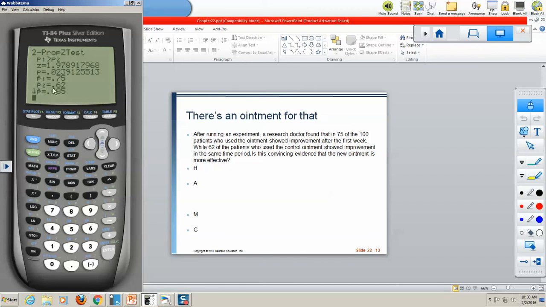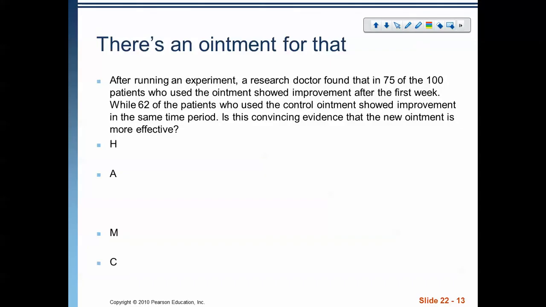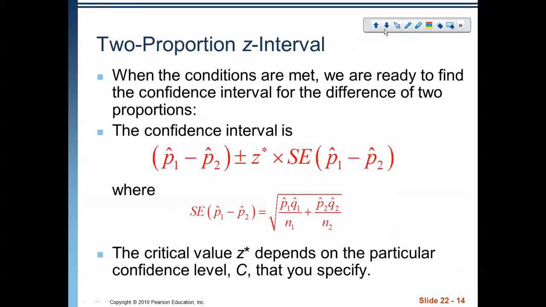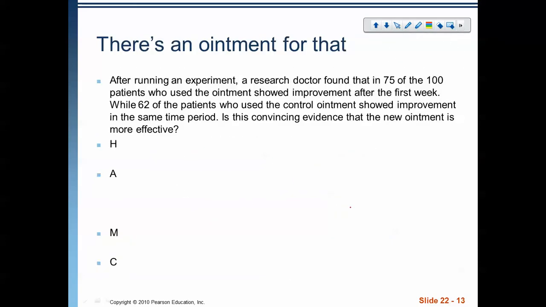My Z-score is 1.97 with a p-value of 0.023. So we want to remember those numbers, 1.97 and 0.023. So coming back over here, my Z-score was 1.97 and my p-value was 0.023.